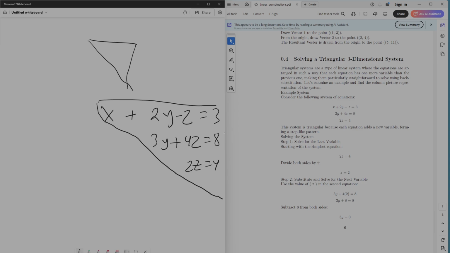The first thing is we're going to solve for the z variable. The z variable is easy. You just do 2z equals 4, and then you divide by 2. So z is equal to 4 divided by 2, which is equal to 2. Then we back substitute it into 3y plus 4z.